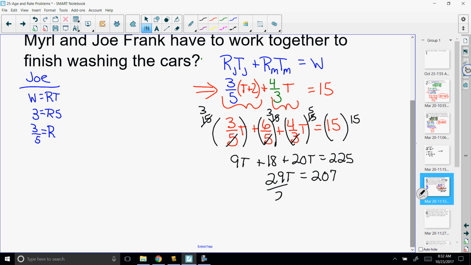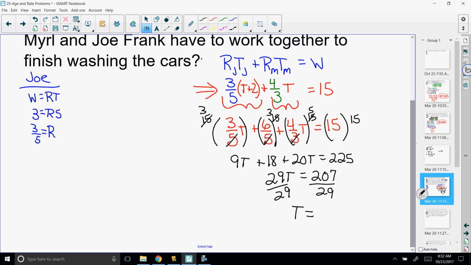So as a final step, divide by 29, and T is equal to 7 point something. 7.14.